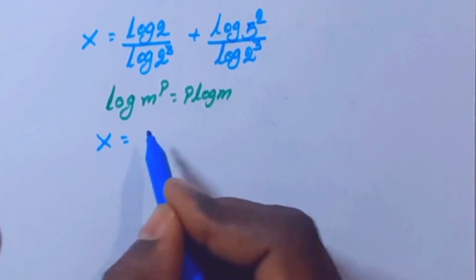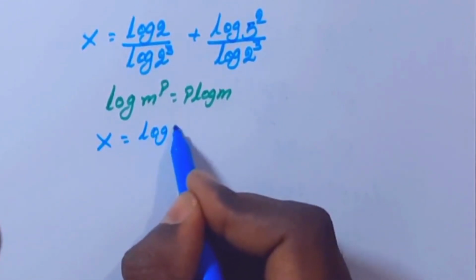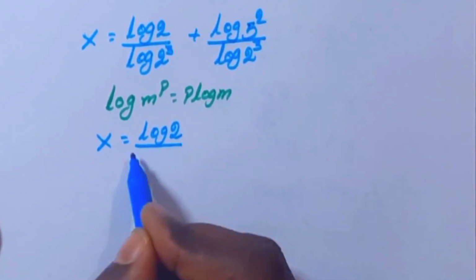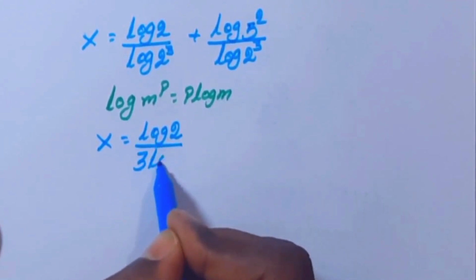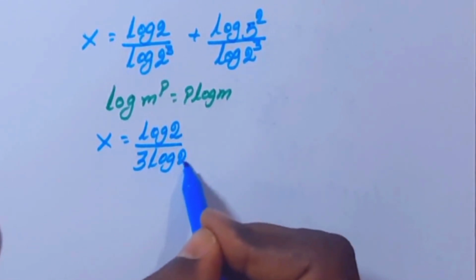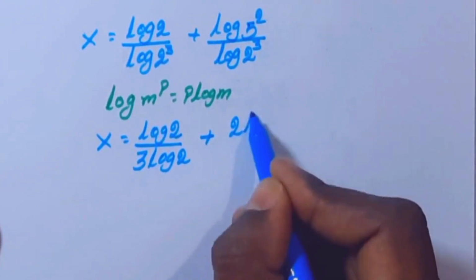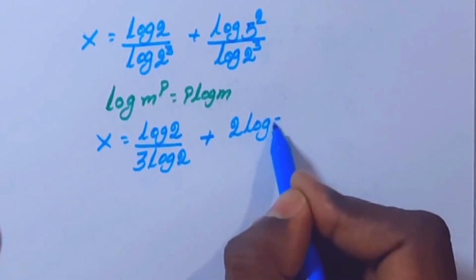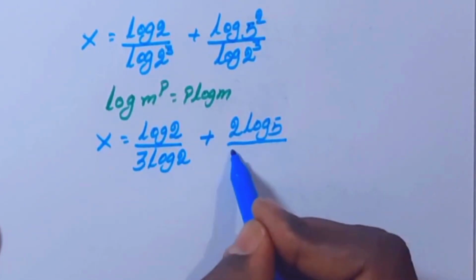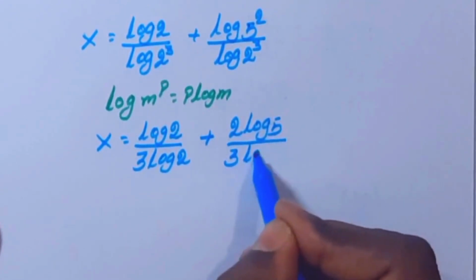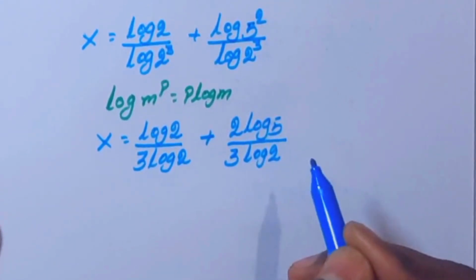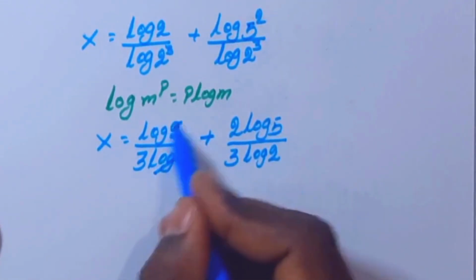So x equal to log 2 by 3 log 2 plus 2 log 5 by 3 log 2. This log 2 cancels this.